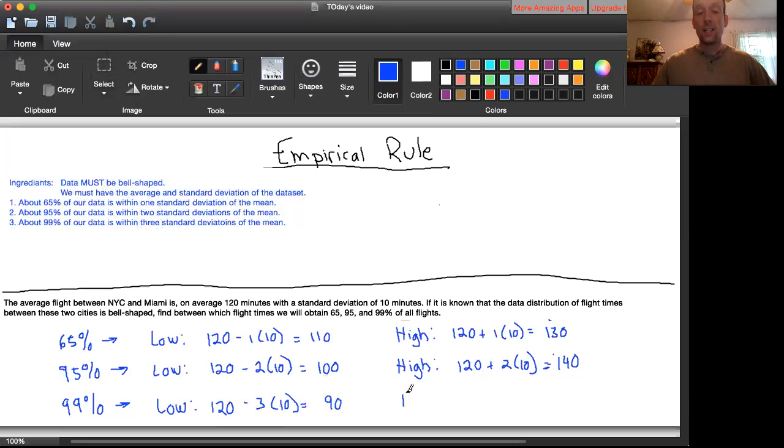The high side, just like so, is going to give us 120 plus 3 times 10, which is 150. So now we know almost everybody, 99% of all the people who make that flight are going to take between 90 and 150 minutes to make the journey.